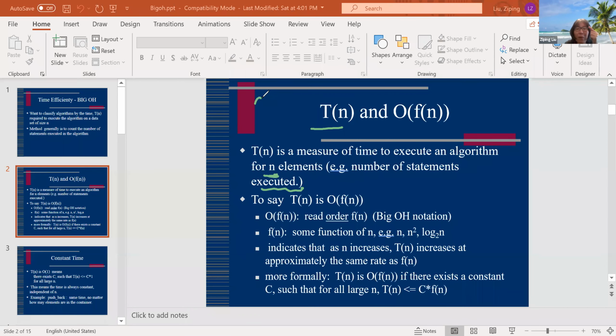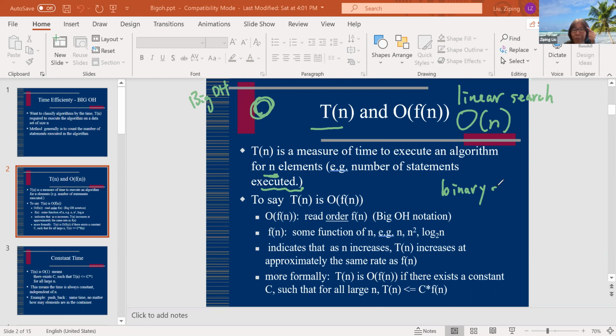And for a binary search, when we write the BigOh, we write order of log 2n. So within the BigOh, we have some math expression, some math function.